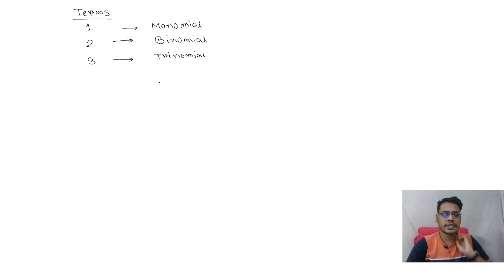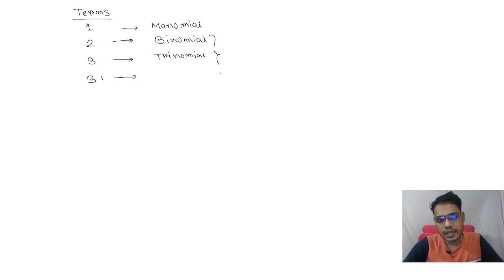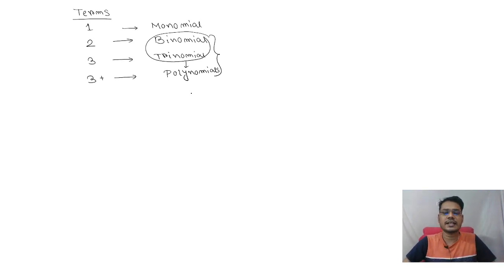तो अगर एक टर्म है उसको हम कहेंगे मोनोमियल, अगर दो टर्म्स हैं उसको हम कहेंगे बाइनोमियल, अगर तीन टर्म्स हैं तो उसको हम कहेंगे ट्राइनोमियल. ठीक है, तो अगर 3+ टर्म्स हैं, ये सब किसके अंडर आएगा? पॉलिनोमियल्स के अंडर. ठीक है, मतलब ये बाइनोमियल, ट्राइनोमियल, ये भी पॉलिनोमियल्स के अंदर ही आएगा.